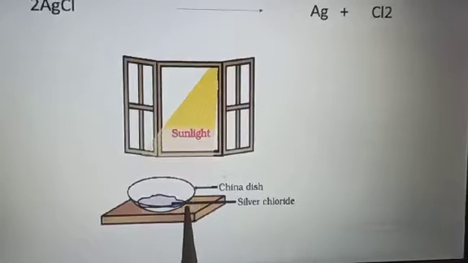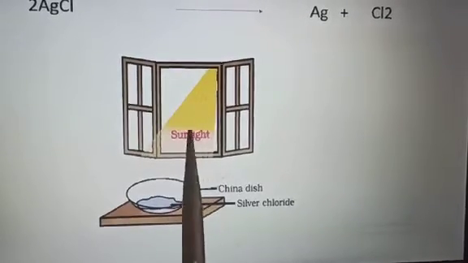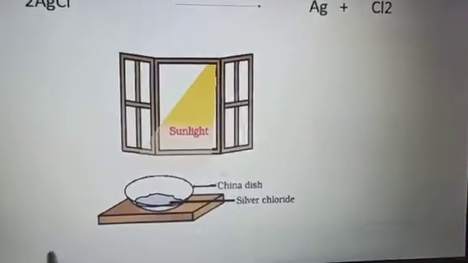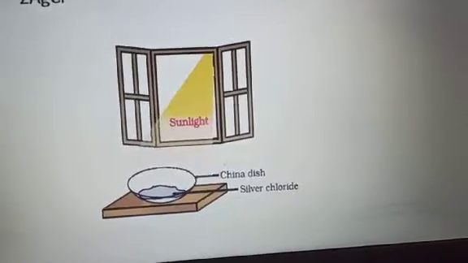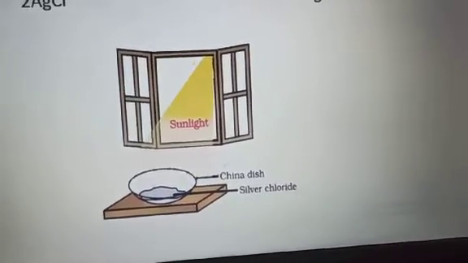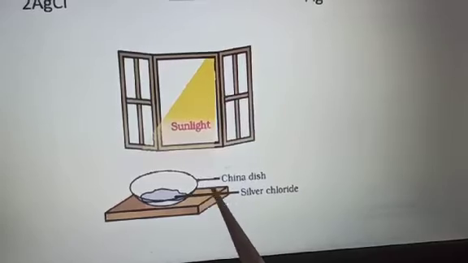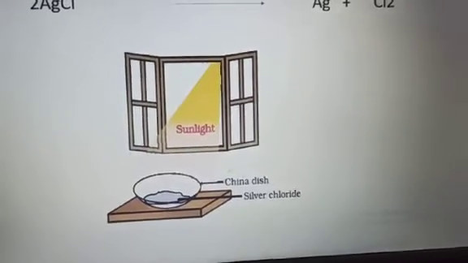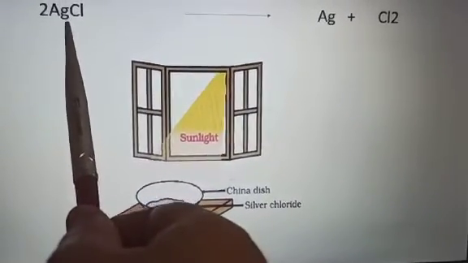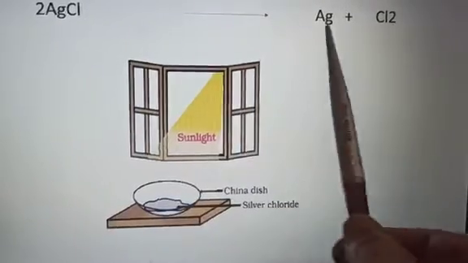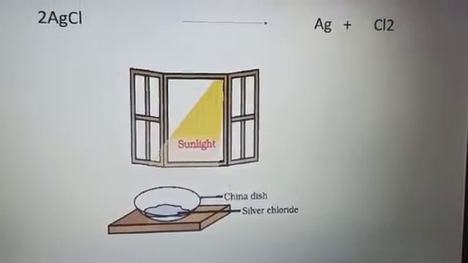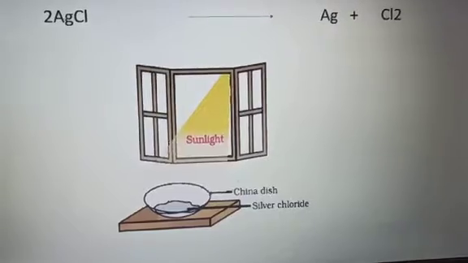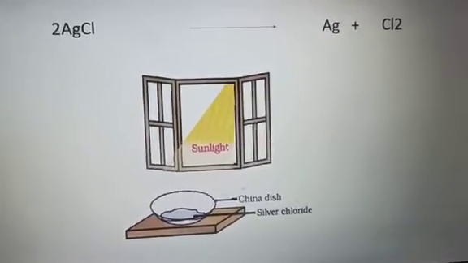Silver chloride is kept in a china dish, and sunlight is coming from the window. After some time, you will observe that the white silver chloride changes to grey, and this is because of the breakdown of silver chloride into silver and chlorine gas. That is the photodecomposition reaction.